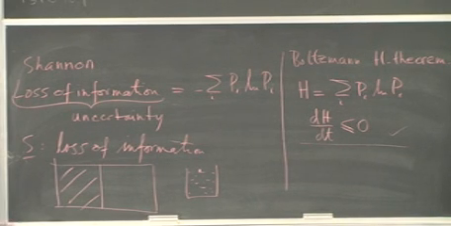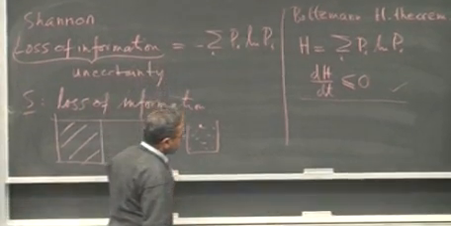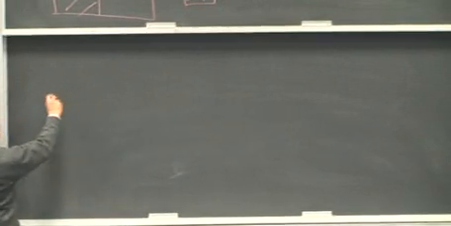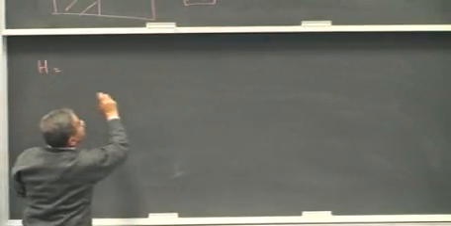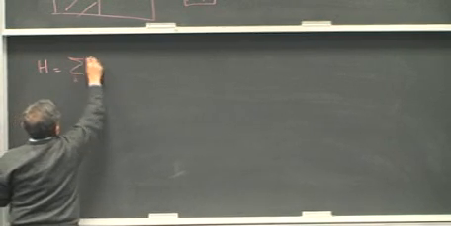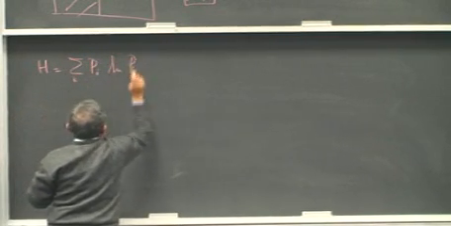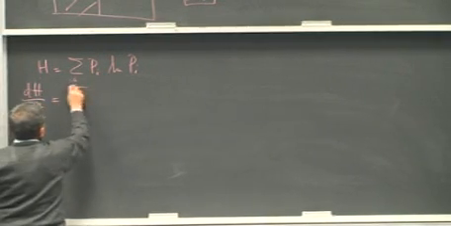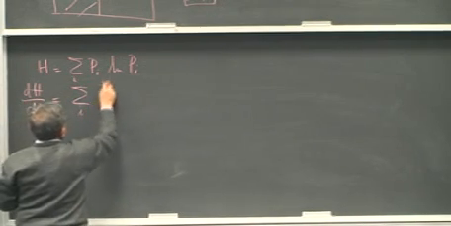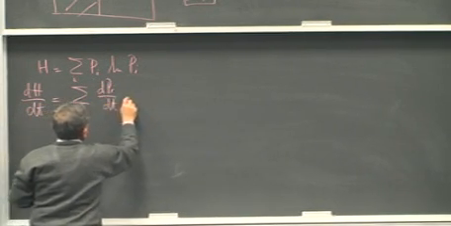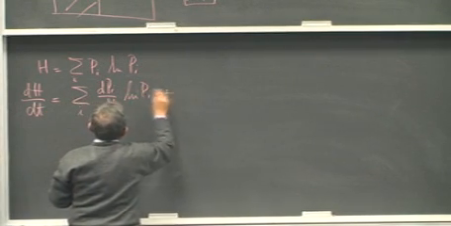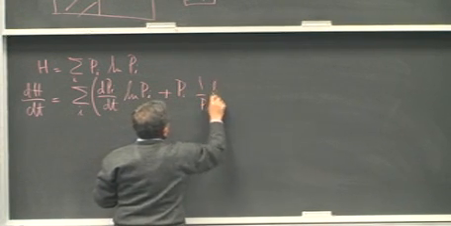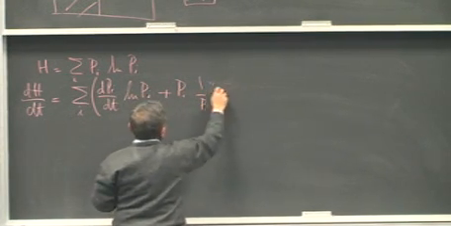If we take H equal to summation over i of Pi log Pi, and if I want to take dH by dt, I will have it as summation over i of dPi by dt times log Pi, plus Pi times 1 over Pi times dPi by dt.